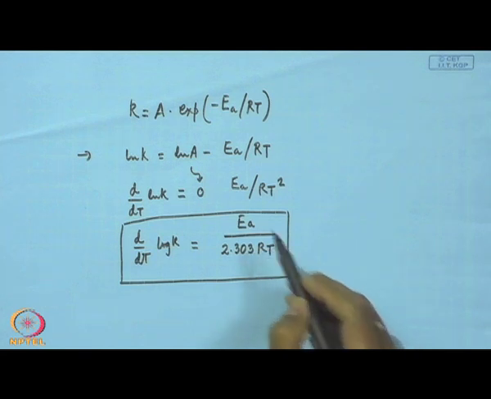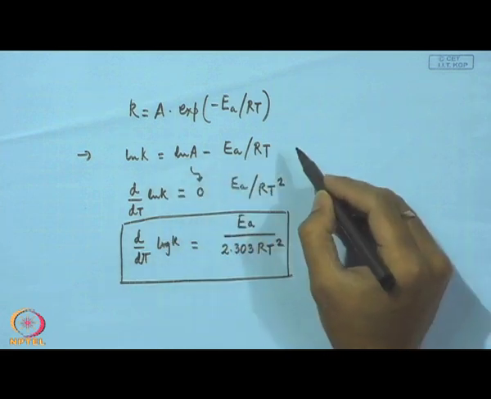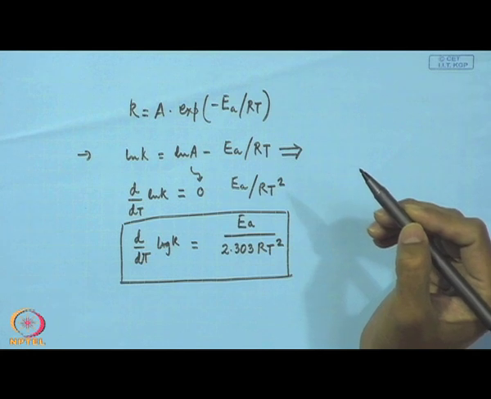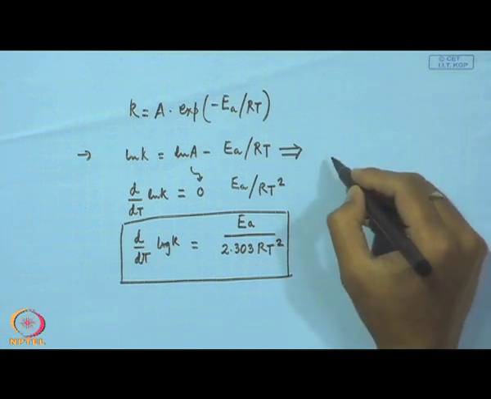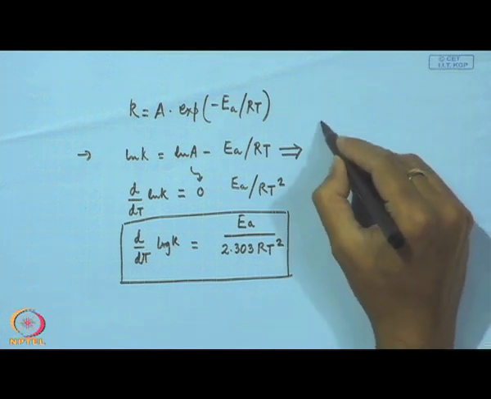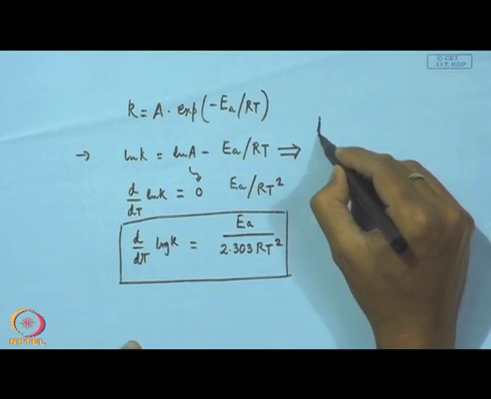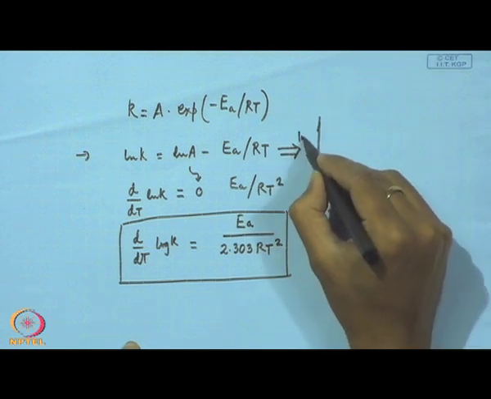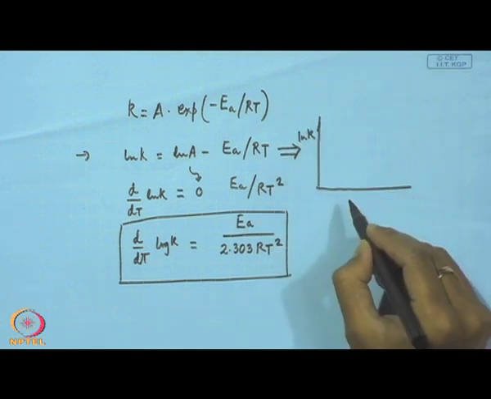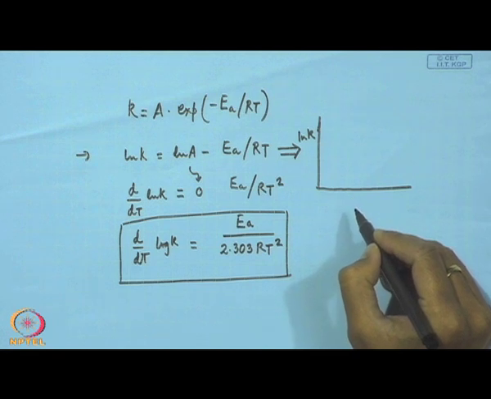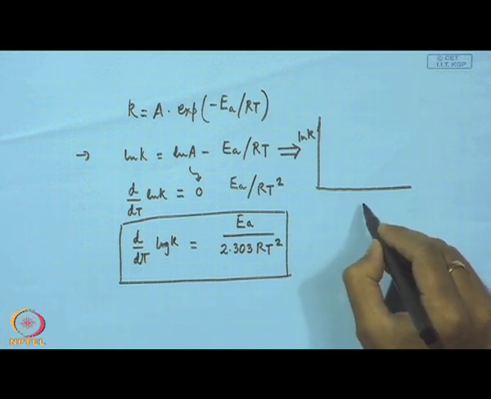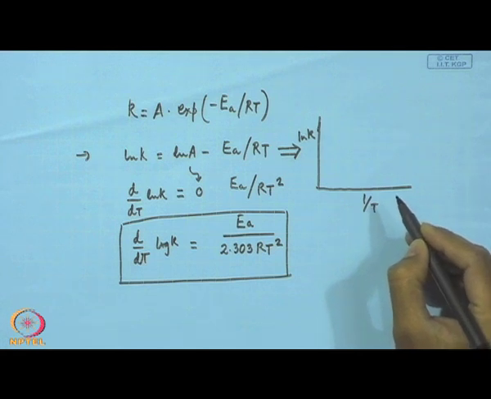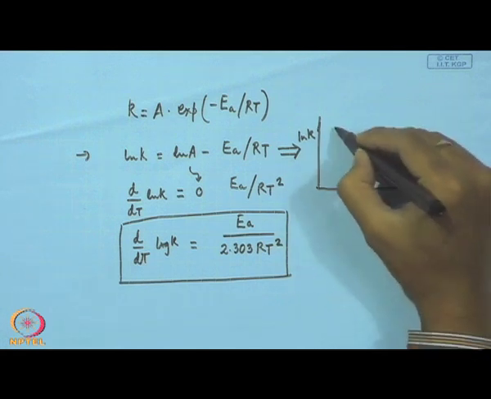Now, if we have a plot of either log k or ln k as a function of 1 by T, and ln k or maybe log k, because it is a factor of 2.303, so ln k versus 1 upon T, it will be a straight line like this.